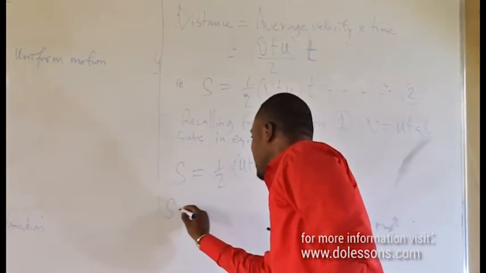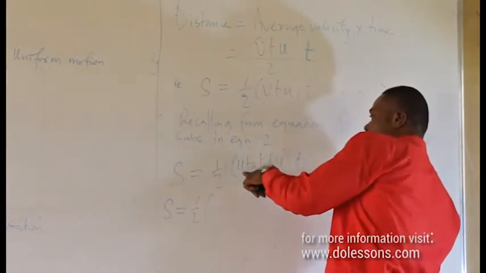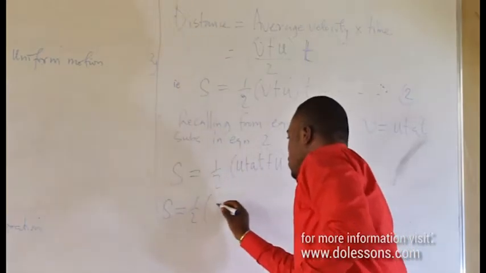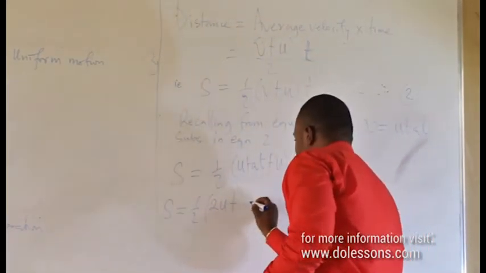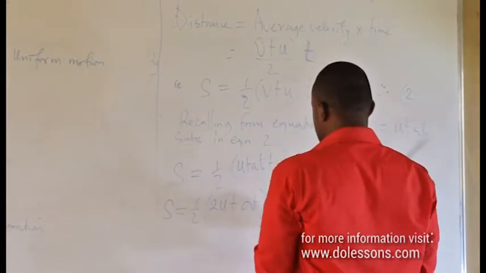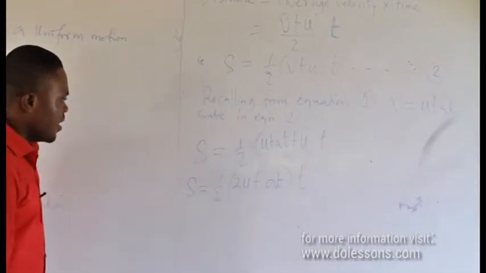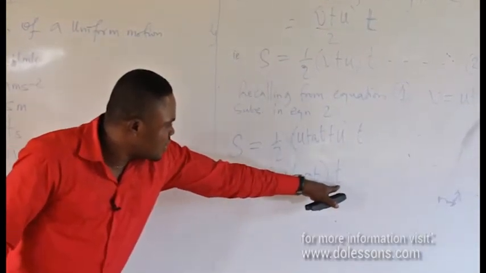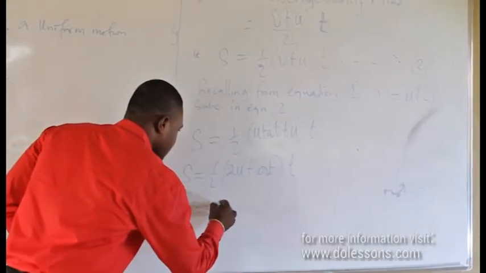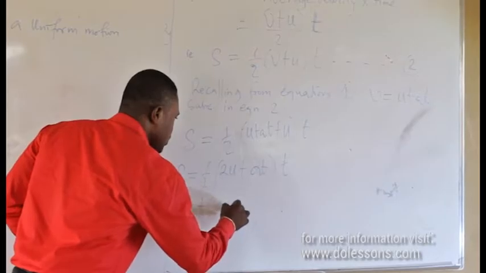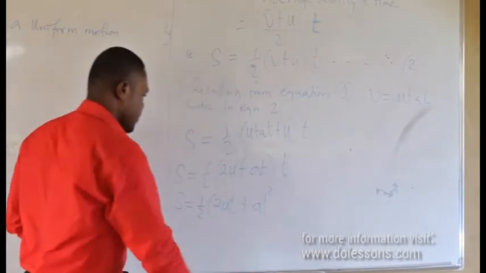So I can now have that s is equal to half of, see, u here plus u here will give 2u, plus this at, times this t outside. Now, we'll use this t to open this bracket so that we'll have that s is equal to half of 2ut plus at squared.